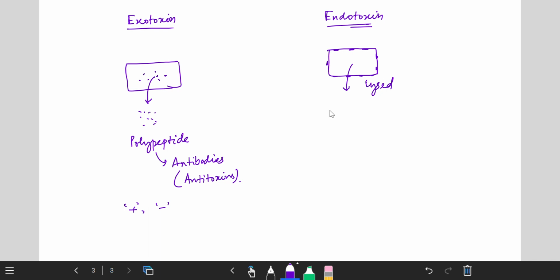These are lipid A molecules which are found in the lipopolysaccharide of the outer coat of the bacteria and mainly found in gram negative kinds of bacteria. So these are exotoxins and these are endotoxins.